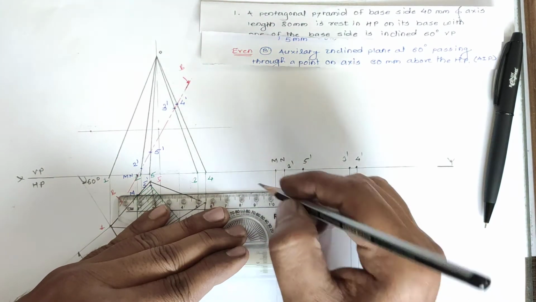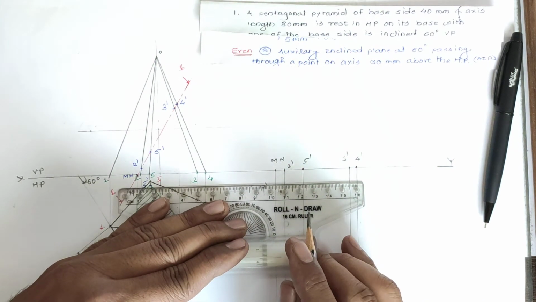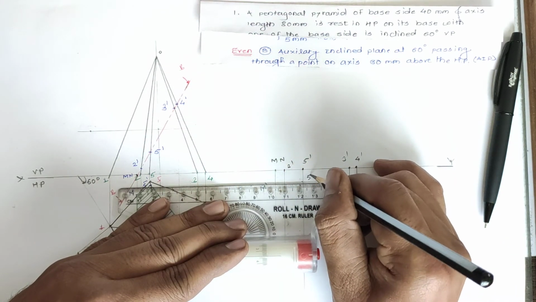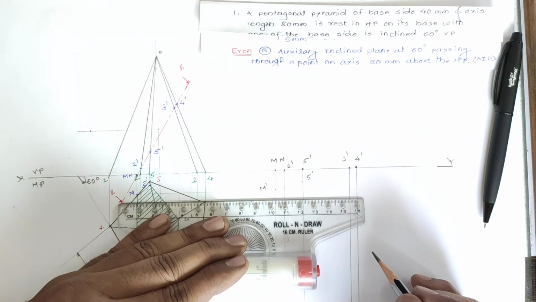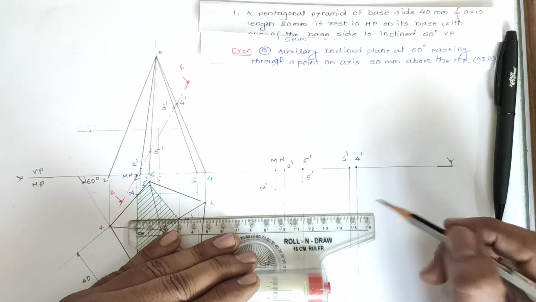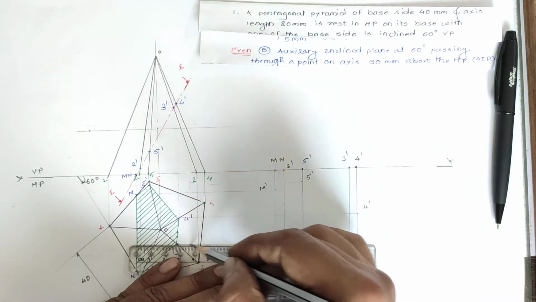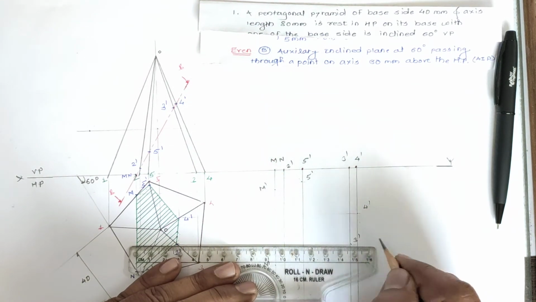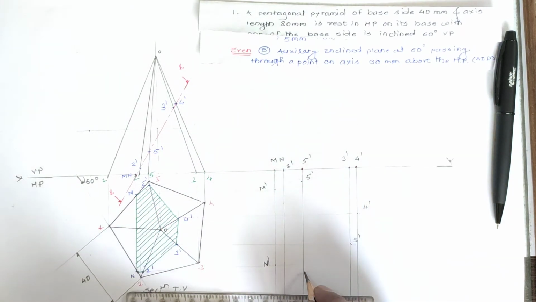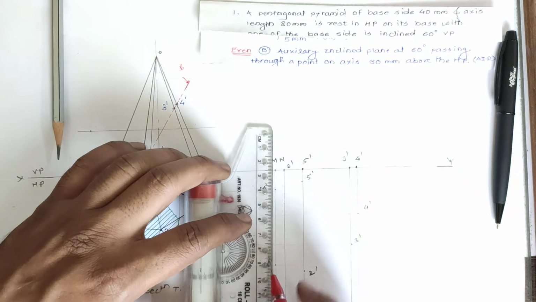N dash, M dash, 5 dash, 4 dash, 3 dash, and 2 dash, and we connect all these points with straight lines.